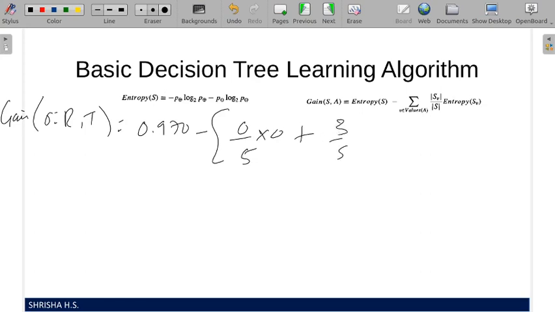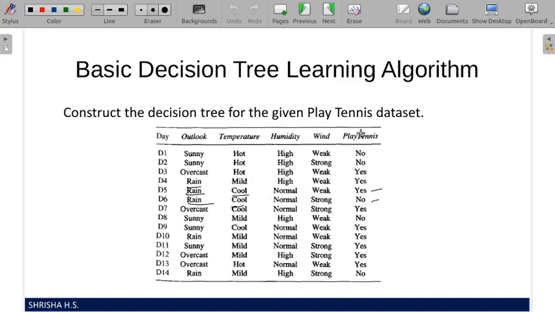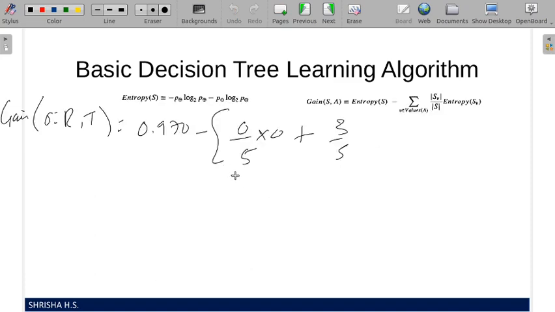So there were three instances of rain and mild, outlook equal to rain and temperature equal to mild, multiplied by entropy of outlook equal to rain and temperature equal to mild.